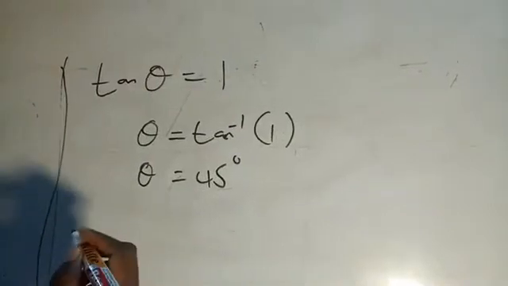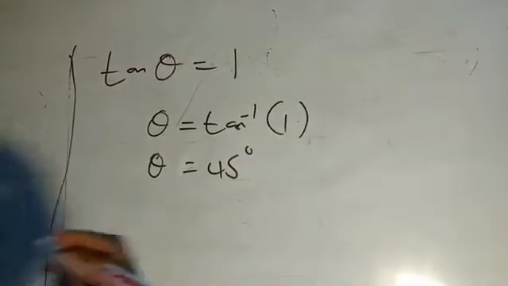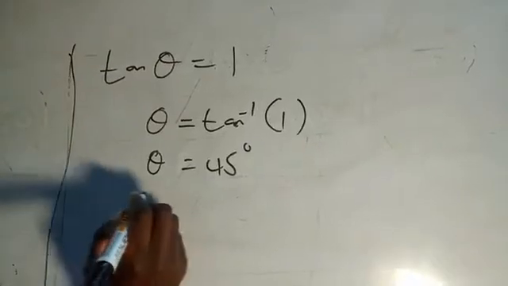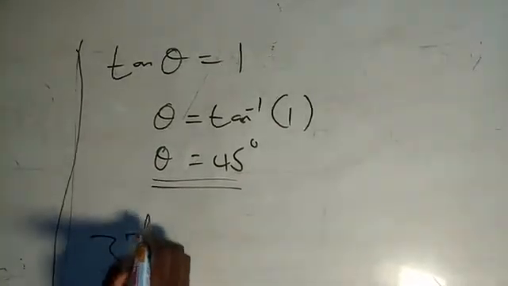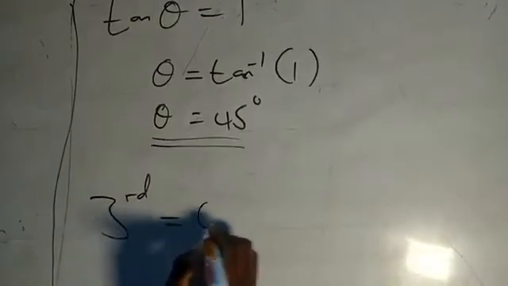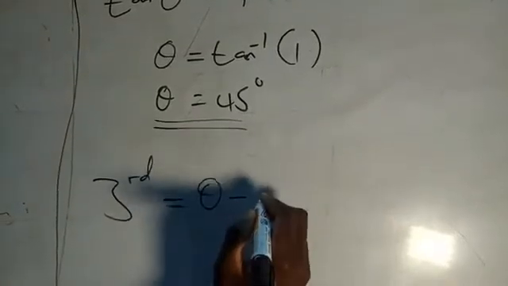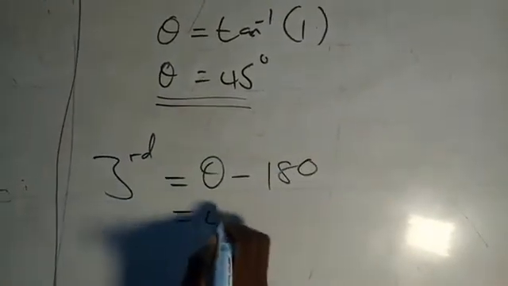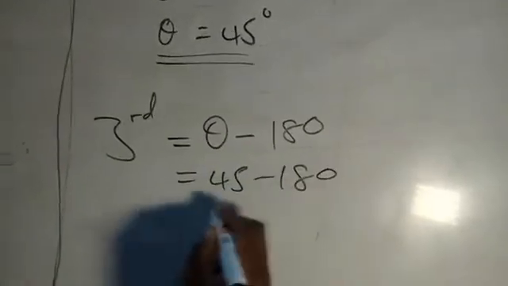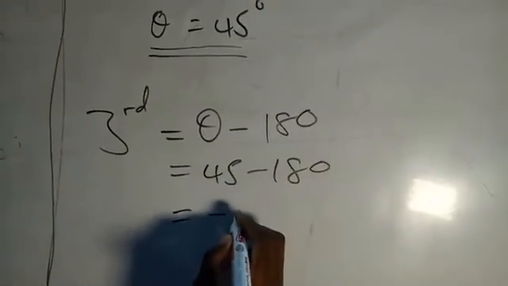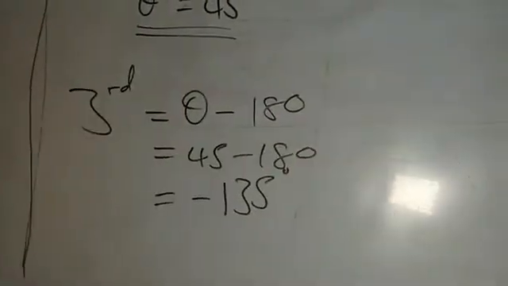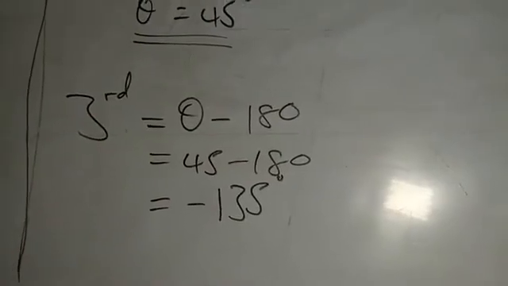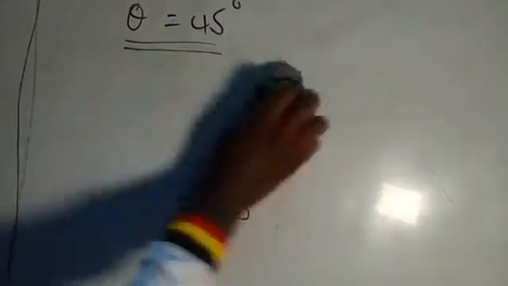In the third quadrant it is theta minus 180, becoming 45 minus 180, which is negative 135 degrees, which is impossible since we cannot have a negative angle.